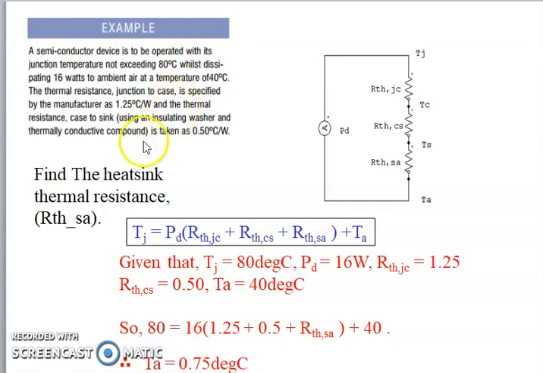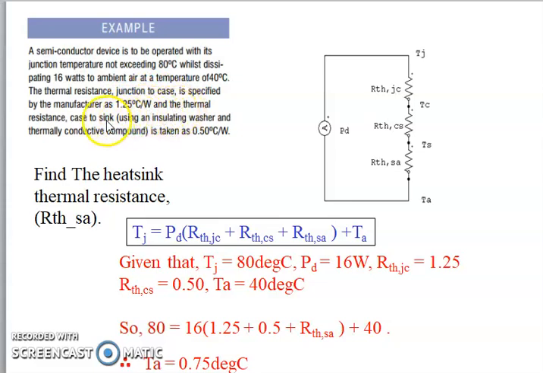Okay, next, for example, as what we have discussed before, we have a device which is attached to the heatsink with this kind of scenario. We limit our junction at 80 degrees C. The PD dissipating power is 16 watt, and our ambient temperature is 40 degrees C. Thermal resistance from junction to case, TJC, is 1.25 degrees C per watt.